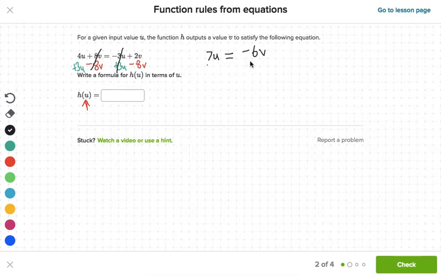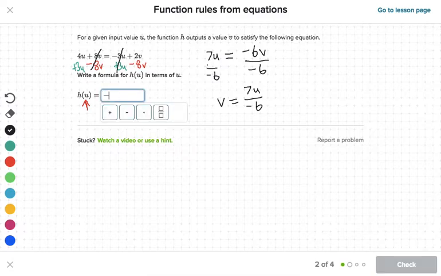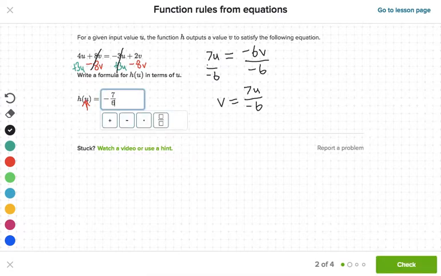Then all I need to do now is divide by negative 6 on both sides. And I have v is equal to 7u over negative 6, or negative 7 over 6u. All right, negative 7 over 6u. And that's all I need from here.